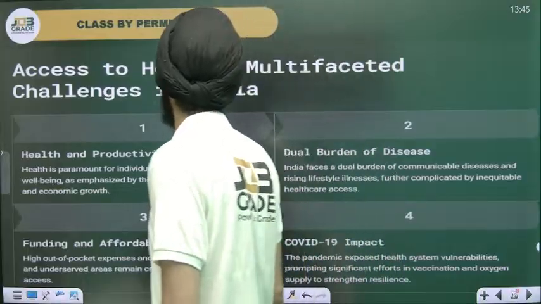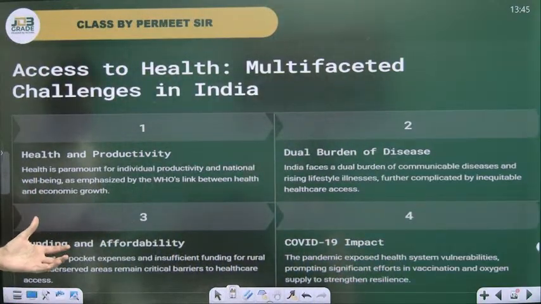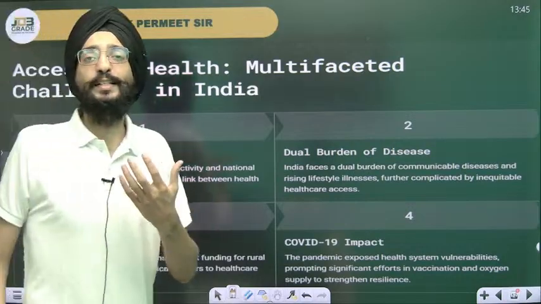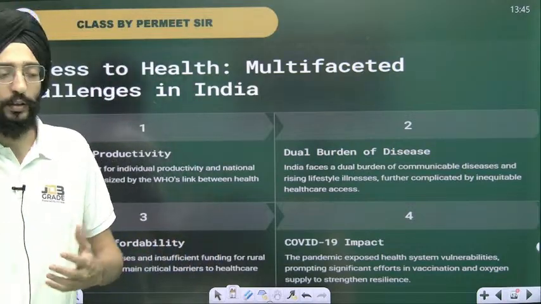Access to health, multifaceted challenges. Health and productivity. Sir, health is paramount for individual productivity and national well-being, as emphasized by the WHO, linked with health and economic growth.